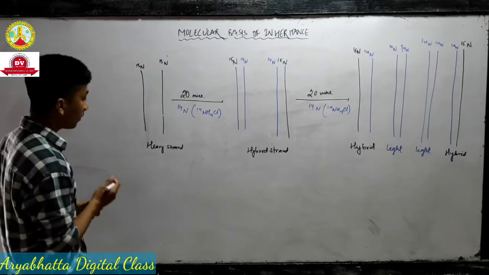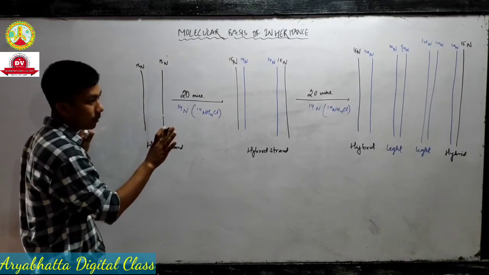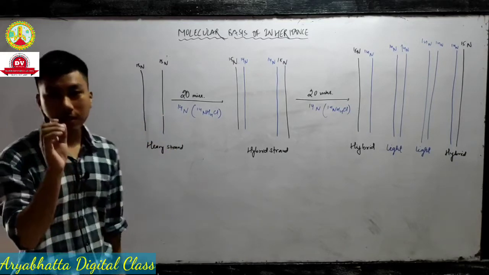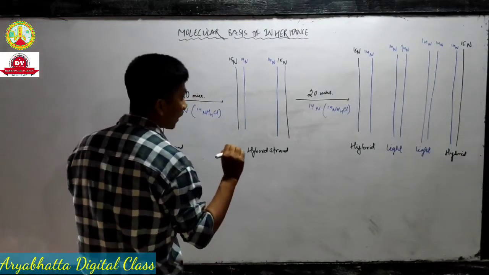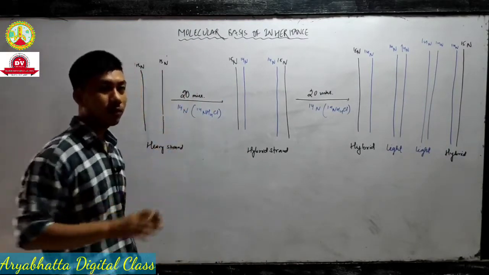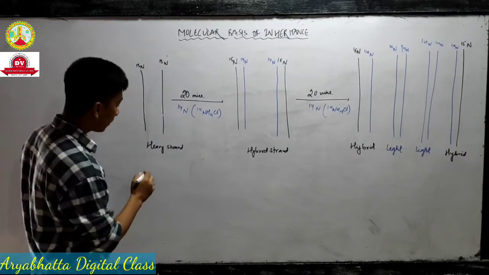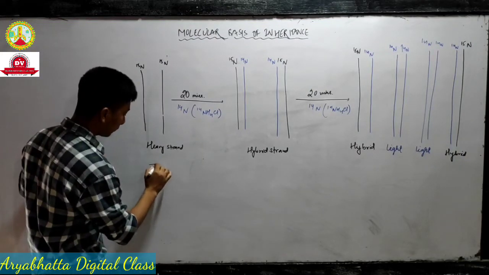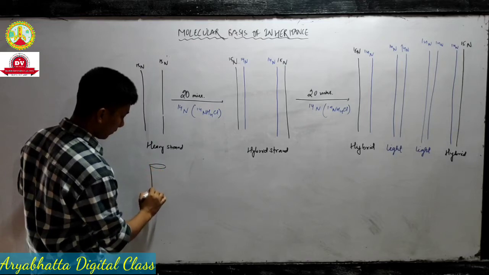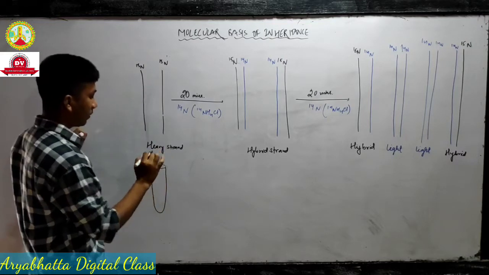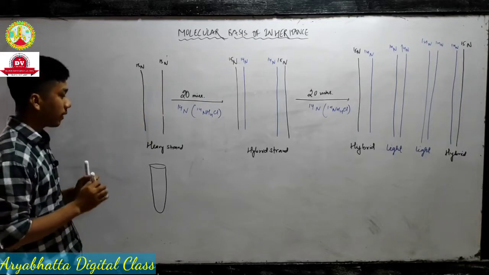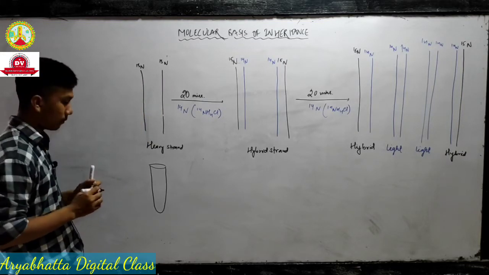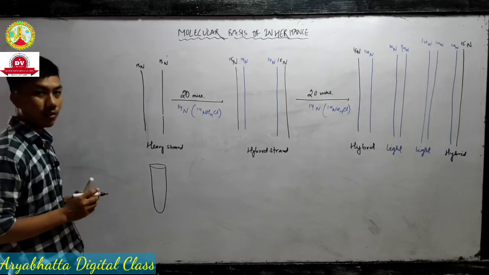Next, now this experiment he performed using a density gradient, using a chemical cesium chloride. We have already seen that. So in a test tube, they have used cesium chloride along with the DNA strand.